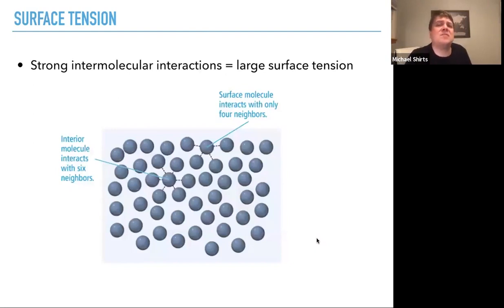The fluid will arrange itself so that as few molecules as possible are at the surface. And that's what surface tension is. It's an attempt to minimize the surface area. So with strong intermolecular interactions and large surface tension, rather than spreading out, the liquid beads up. Remember, if you look at beads on a greasy surface, you can see the beads are very curved because they're trying to take a shape that is as spherical as possible, with as little interaction with the surface as possible.